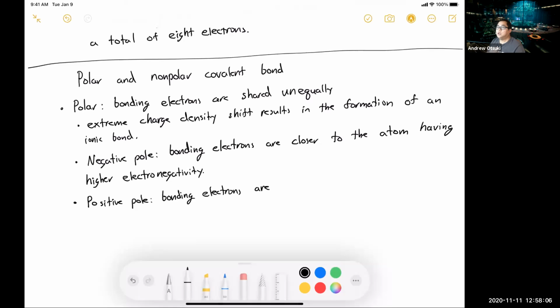At the positive pole, you don't have many electrons close by because they're being attracted to the negative pole of the more attractive element. So bonding electrons are not going to be very close to that pole at all, or seldom close.